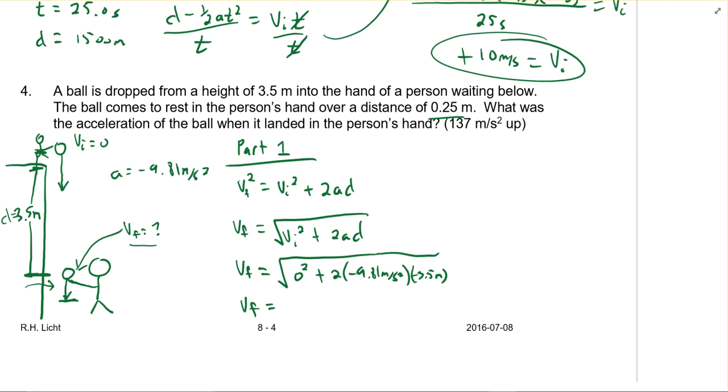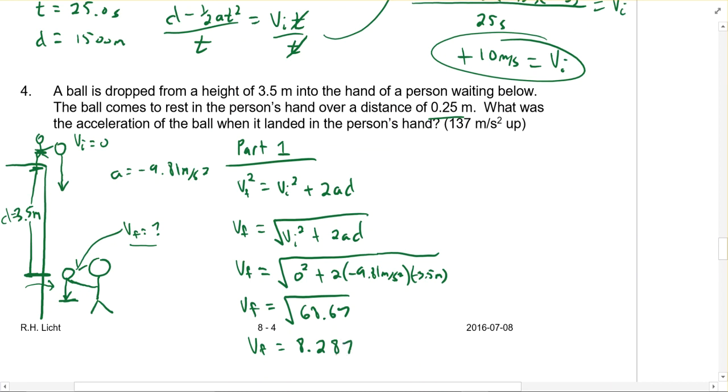So if you do this here, you get the 68.6, or haven't taken the square root yet, but the square root of 68.67, which is 8.287.